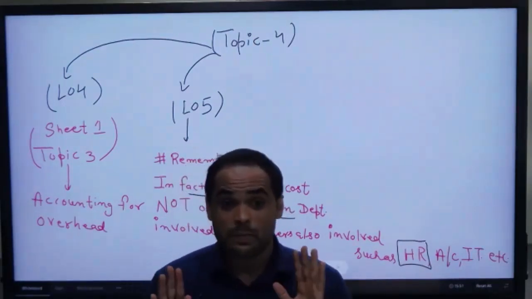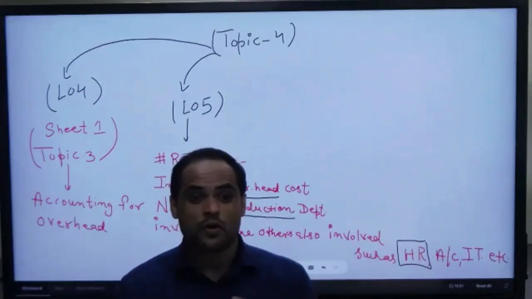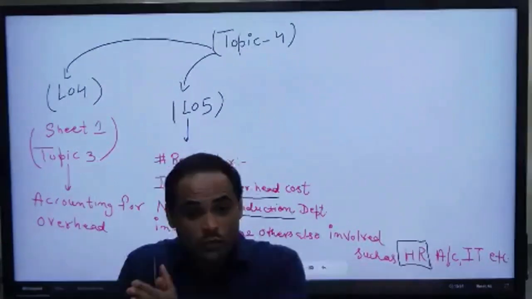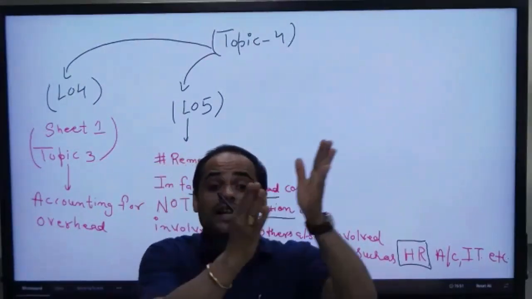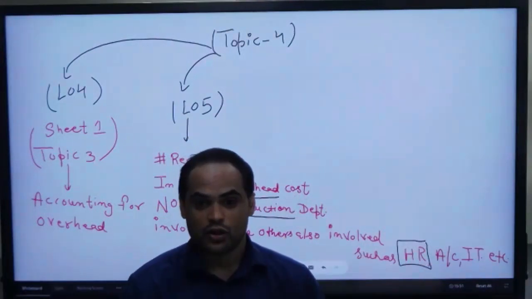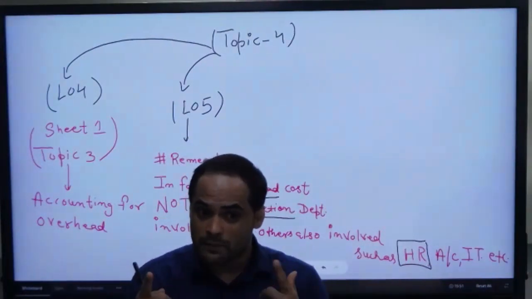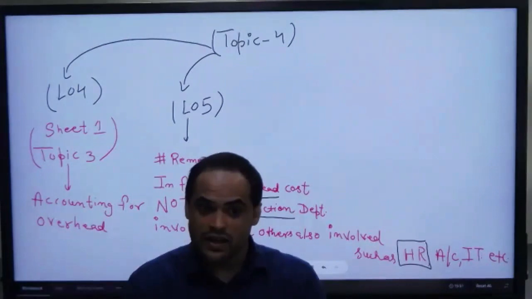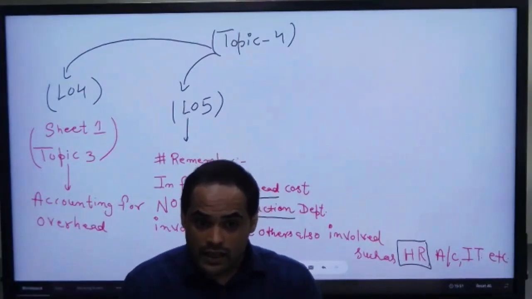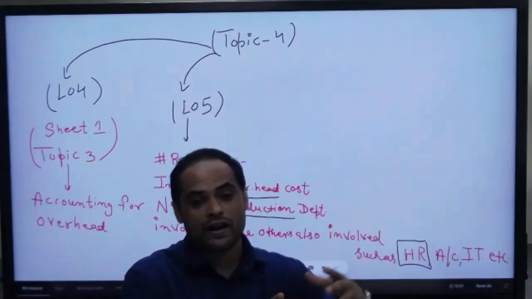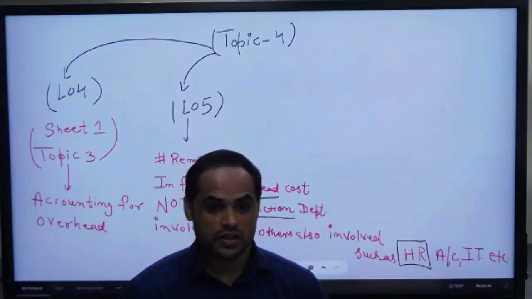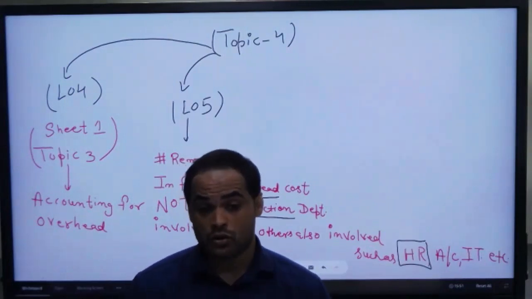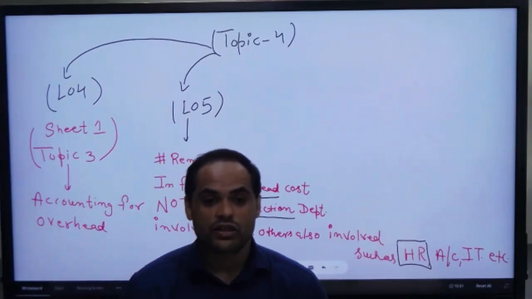But the human resource department is not producing product directly, of course. So the human resource department is indirectly involved in manufacturing. Which means the human resource department cost, if it is providing services to the production department, will be known as factory overheads.